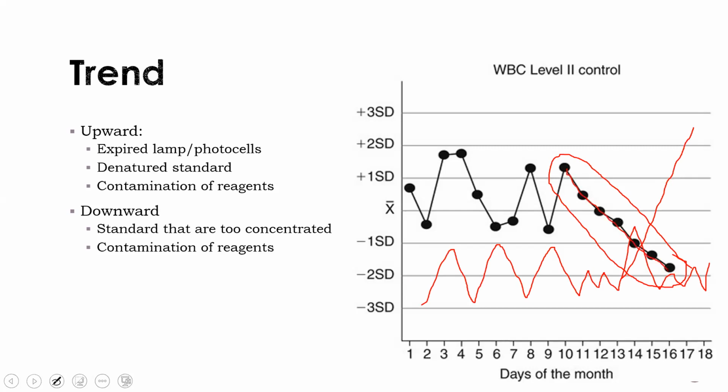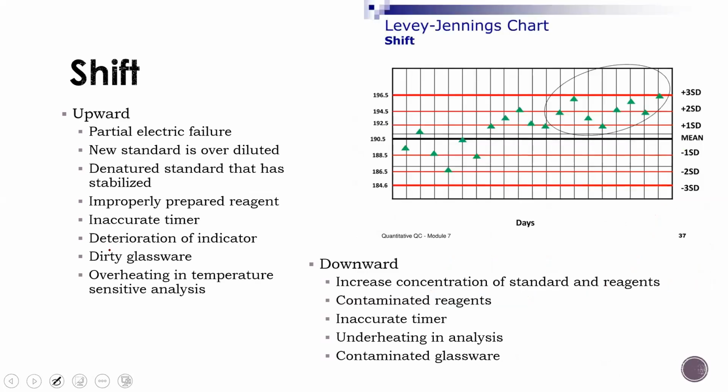Usually, downward trend is the cause of contamination of reagent, standards are too concentrated. Ayan. When we talk of shift, ito naman, points are scattered either sa taas or sa baba.